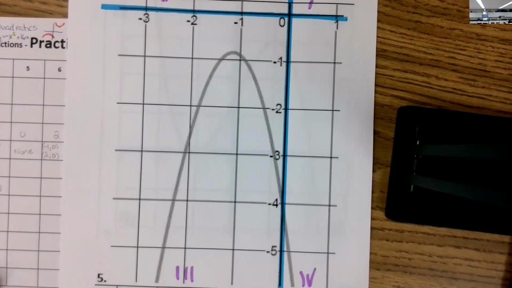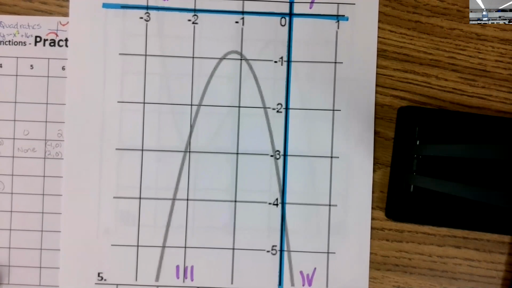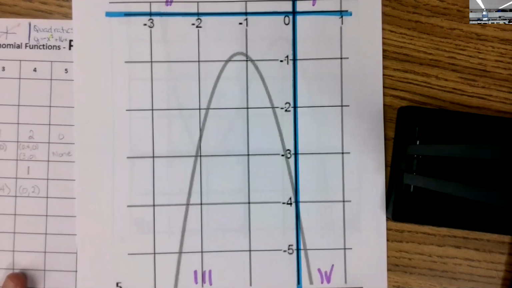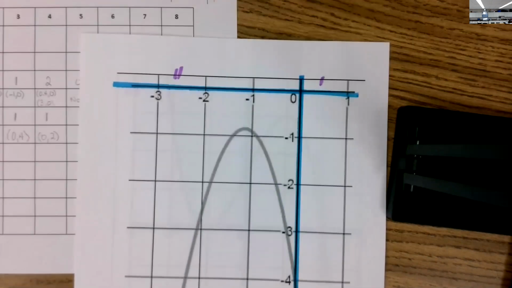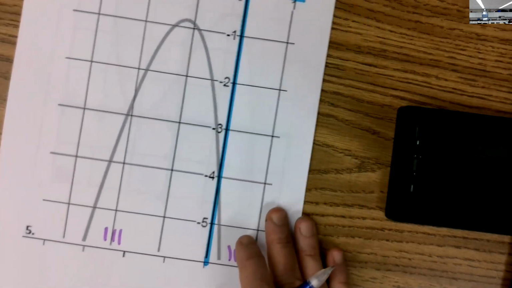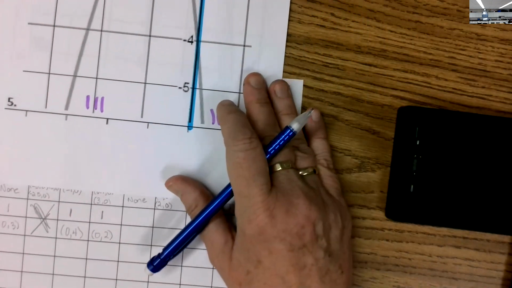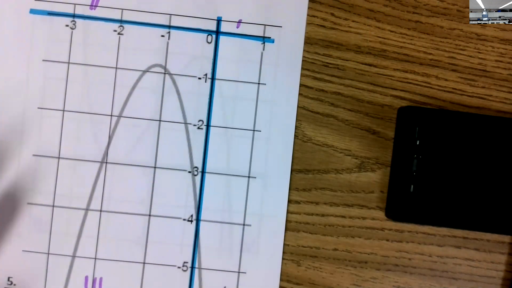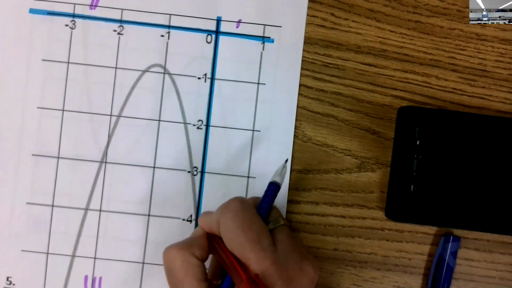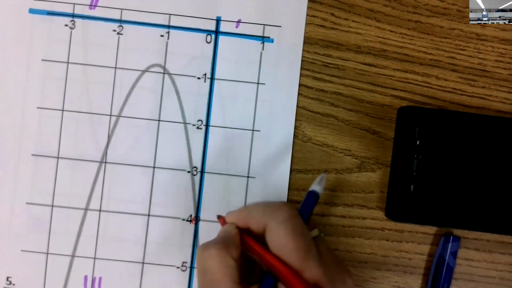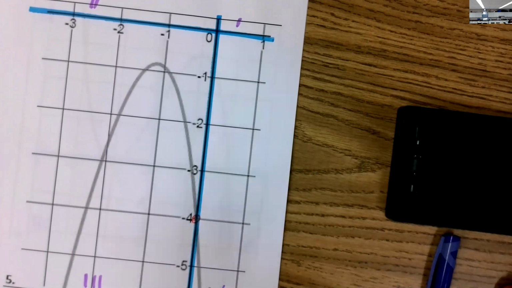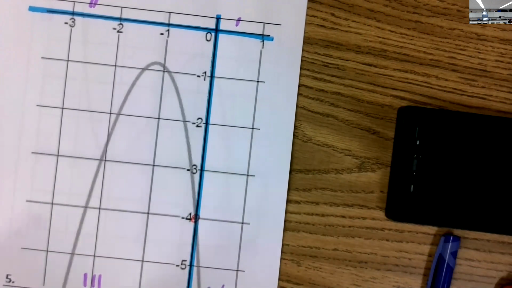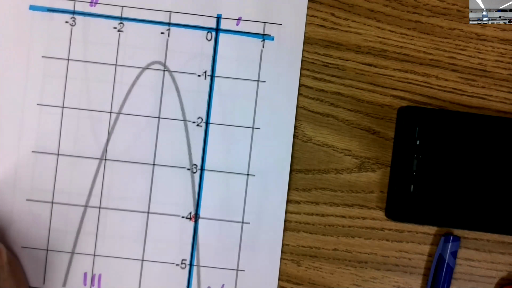All right, number 5. Adriana. If you look on the y-axis, it's the vertical one. There's one of them, it's right there. So 1. And what are the coordinates of it? No, (0, -4).